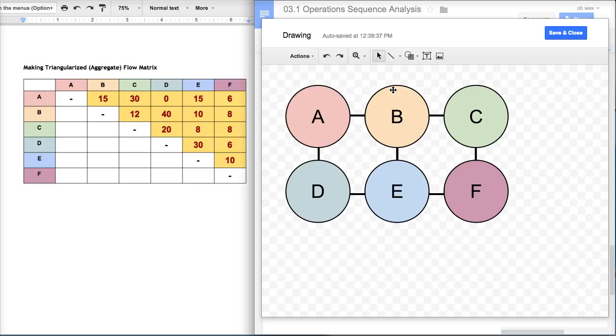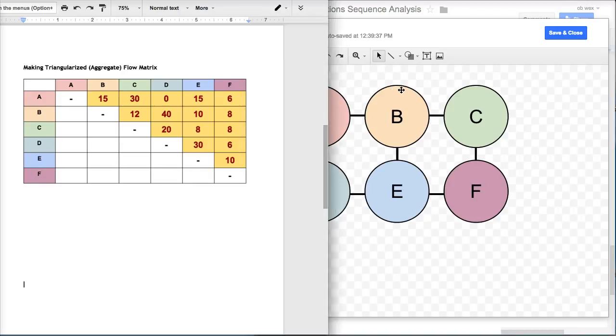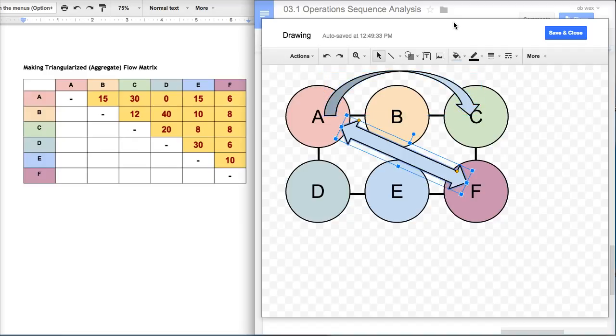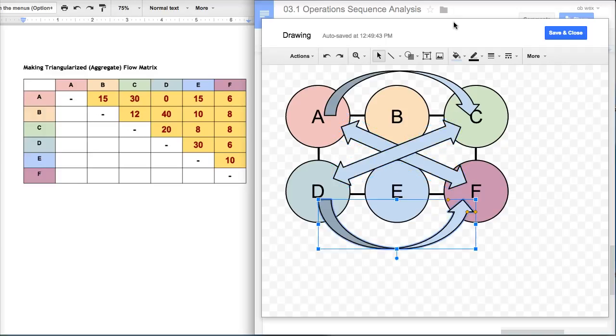Just focusing on the non-adjacent pairs, we have the pair between A and C, the pair between A and F, the pair D and C, and the pair D and F. If you look at any other pair in the layout we're looking at the moment, all of the other pairs are adjacent to one another.